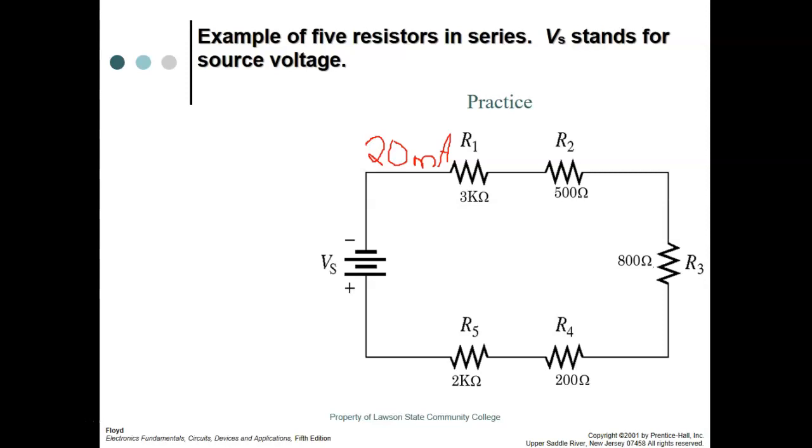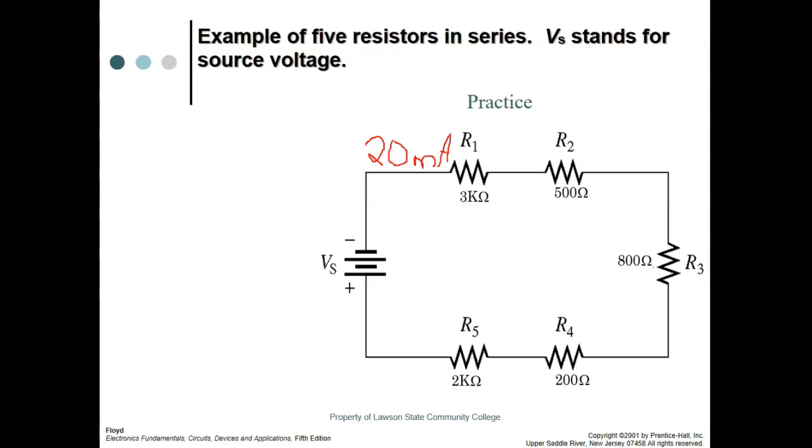What about at R2? 10. R3? 16. R4? 4. And R5? 40. So I've got 60 volts, 10 volts, 16, 4, and 40.